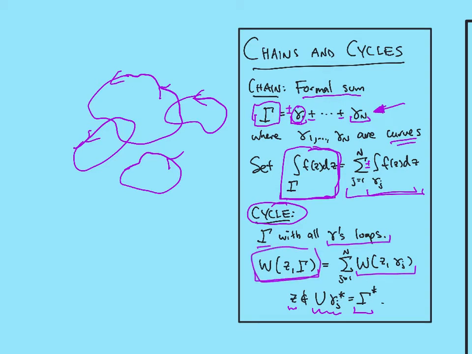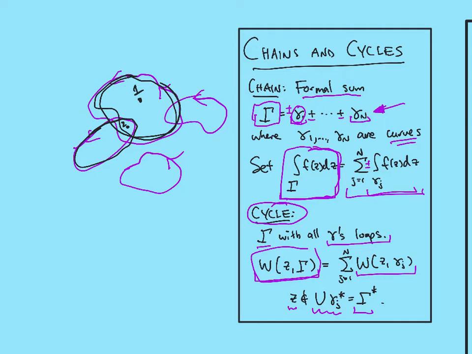So I could compute a winding number with respect to a point here. And in this picture, since this is the only curve that goes around it, it'd have winding number 1. But maybe this point has this curve going around it and this curve going around it. So I'd have a winding number of 2 here with respect to this cycle.